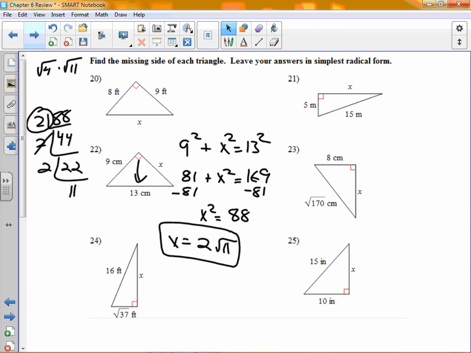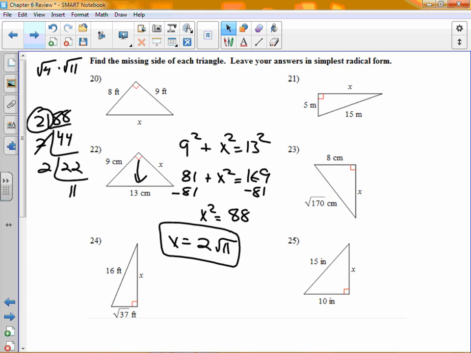Square root of 88, hit enter. 2 times square root of 11, hit enter. What happened? Did you not get the same exact thing? You should have got the same exact thing. Wow, look there. I've got something different, don't I?